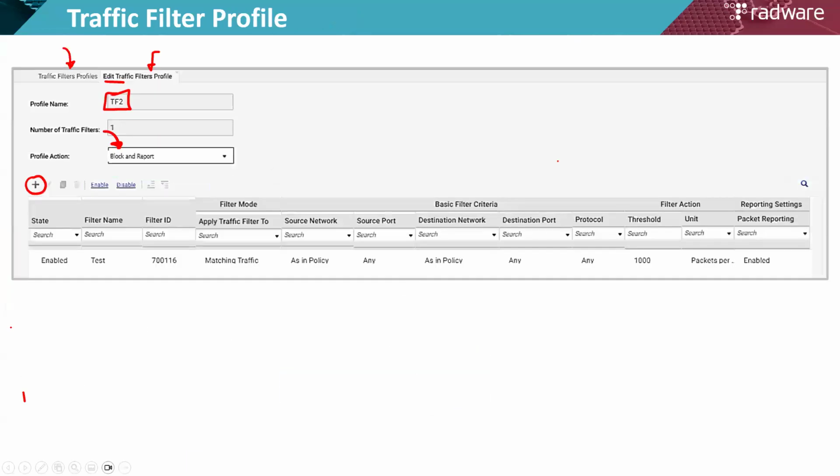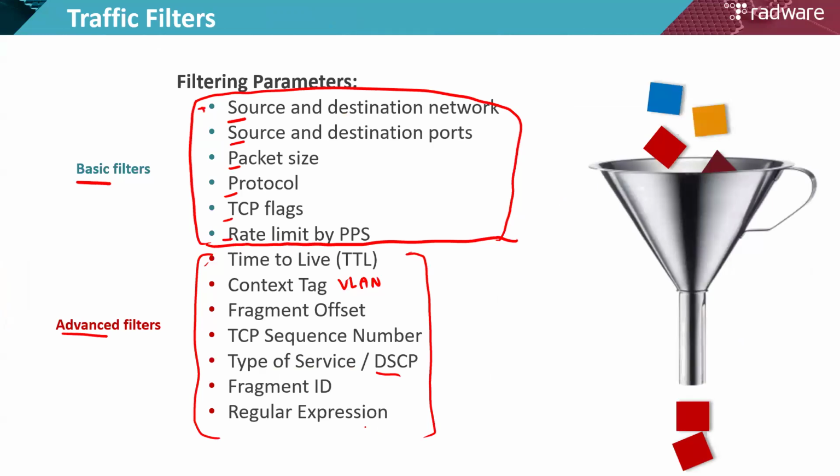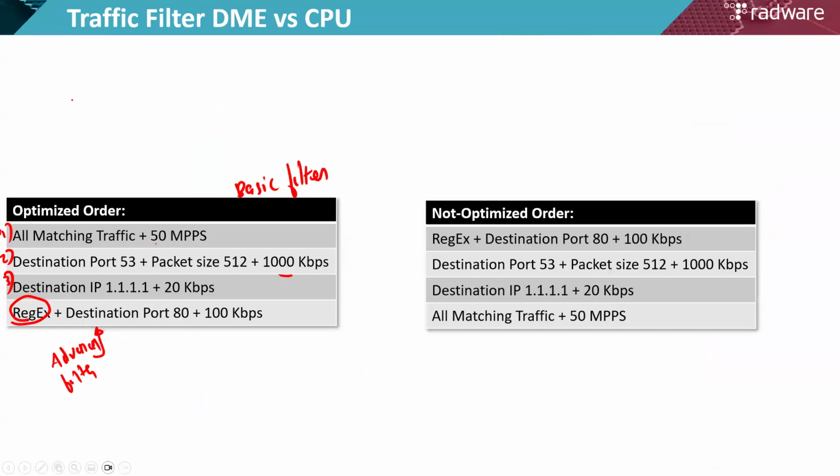If we go back, as you can see, regular expression is part of advanced filter criteria, and the rest, source and destination ports, source and destination IPs, are part of the basic criteria. The reason why we have classified them is because of this particular optimization order.